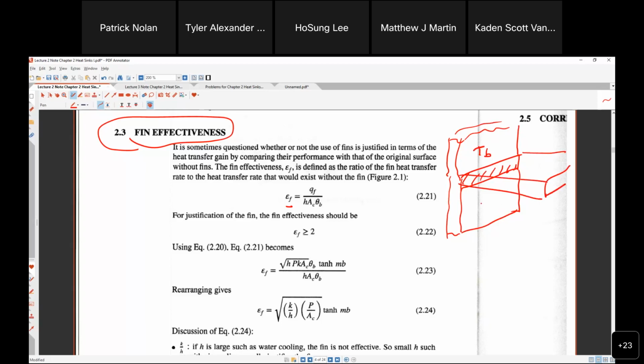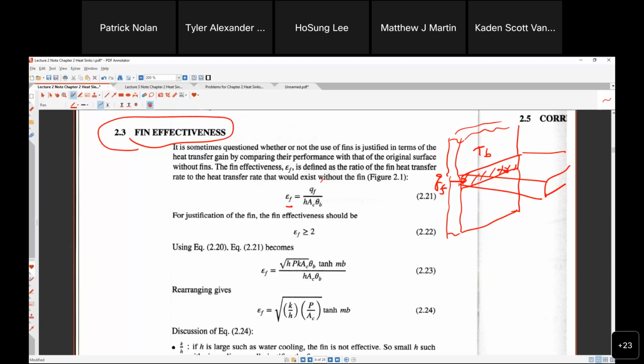So the effectiveness is Q_fin over the heat transfer actual. This is actual over the kind of imaginary heat transfer at the base without the fin.